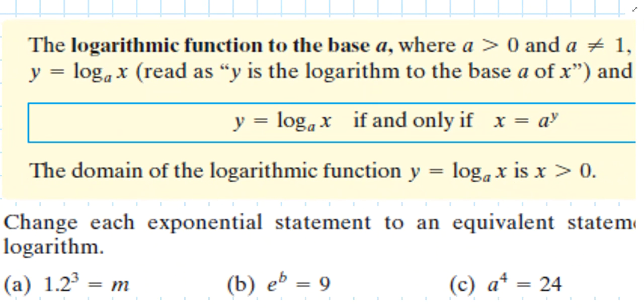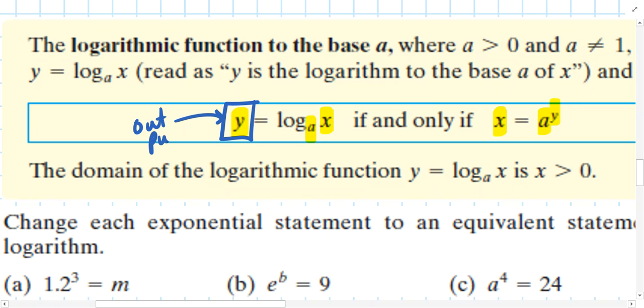The logarithm with a base of a evaluated at x is equal to y if and only if x is equal to a to the power of y. So in other words, if we are looking for some y value, some calculated result, this is an output of the logarithmic function, and x is the input of the logarithmic function.